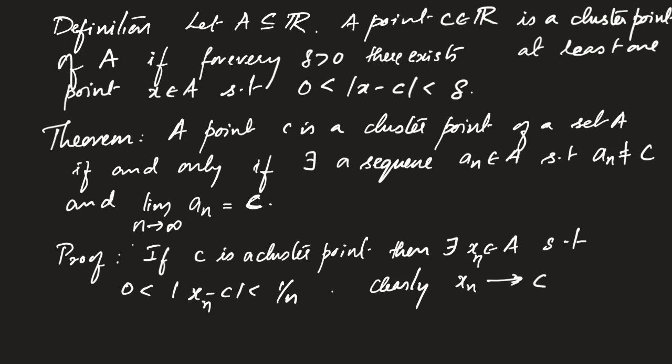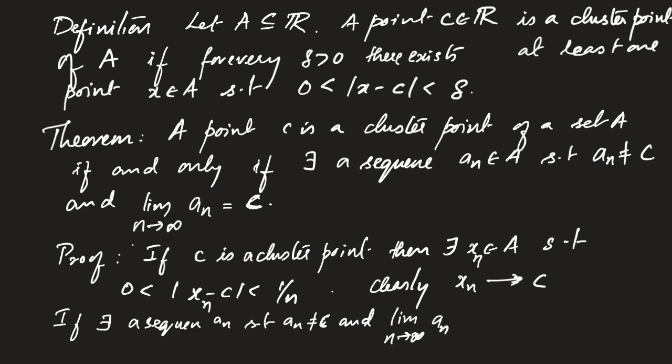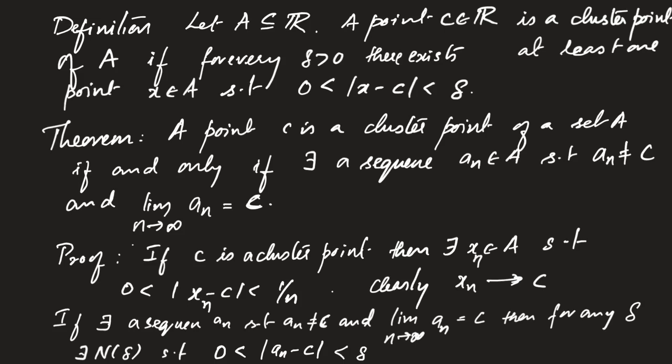On the other hand, if there exists a sequence a_n such that a_n is not equal to c and limit n tends to infinity of a_n is equal to c, then for any delta, there exists an n that depends on delta such that 0 is less than mod of a_n minus c is less than delta for all n greater than n of delta.